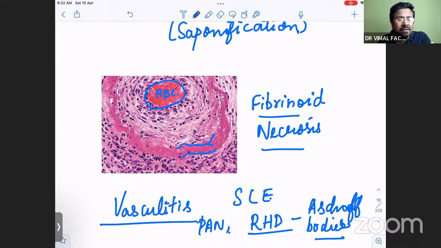But in apoptosis the cell membrane is intact, so the cellular contents will not leak out and there will not be inflammation. In necrosis there will be leaking of the cellular contents through the damaged cell membrane, so there will be inflammation.